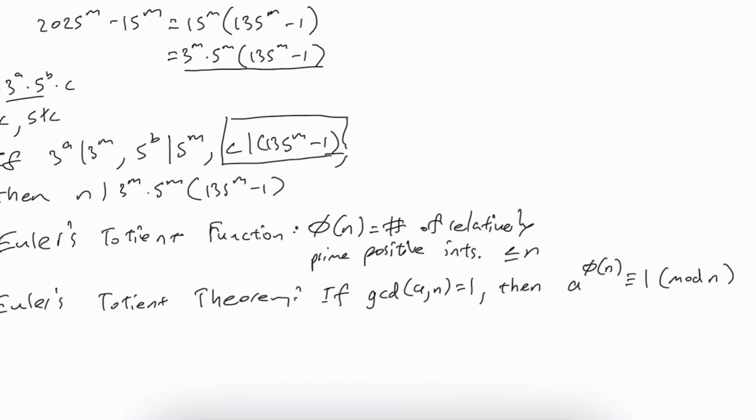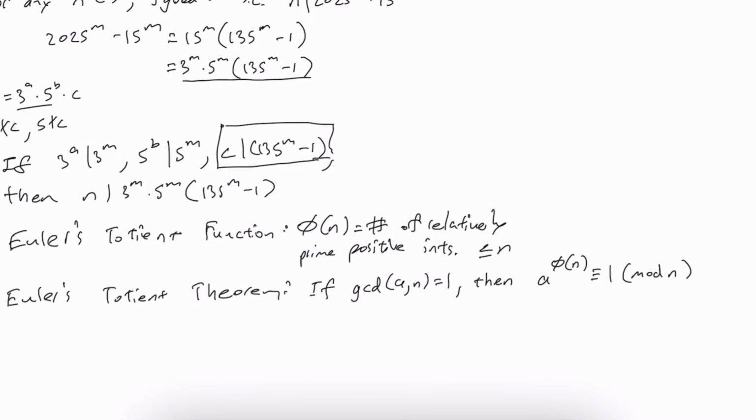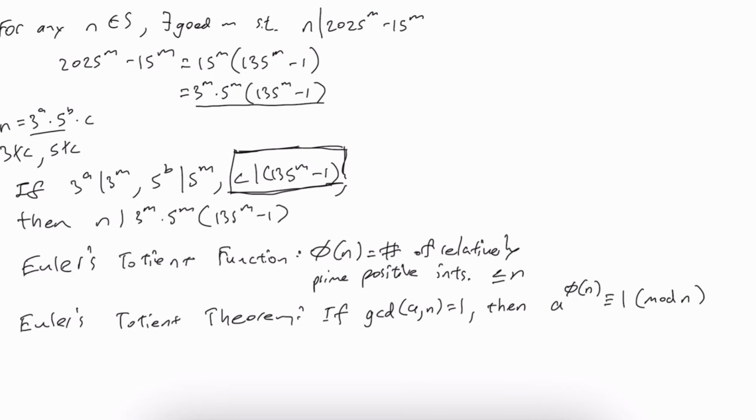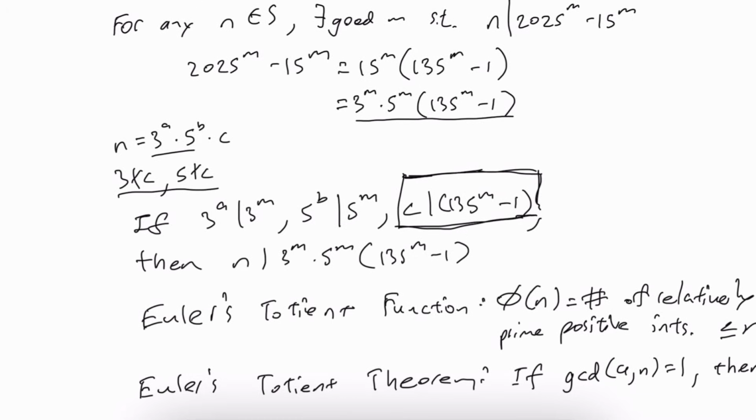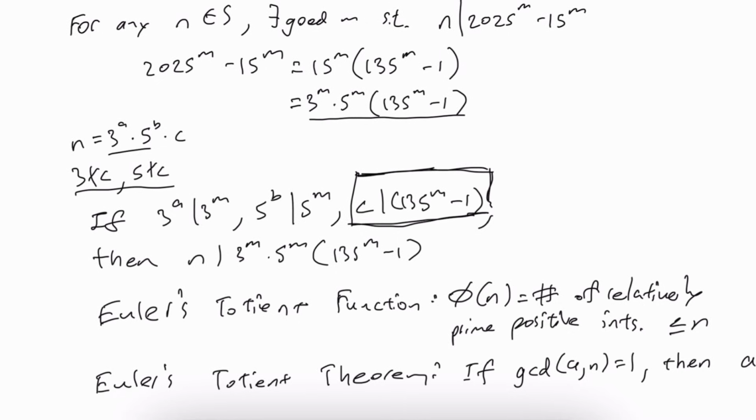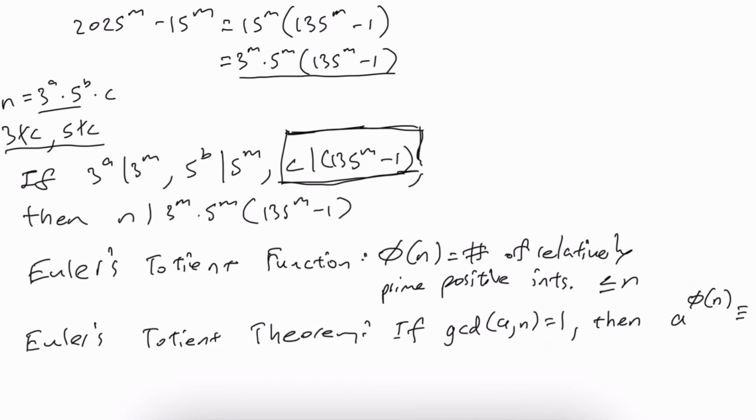And so how this relates to our problem is if we look at the C dividing 135 to the m minus 1, since we forced 3 and 5 to not divide c, we know that c is relatively prime to 135, because 135 is equal to 3 cubed times 5.